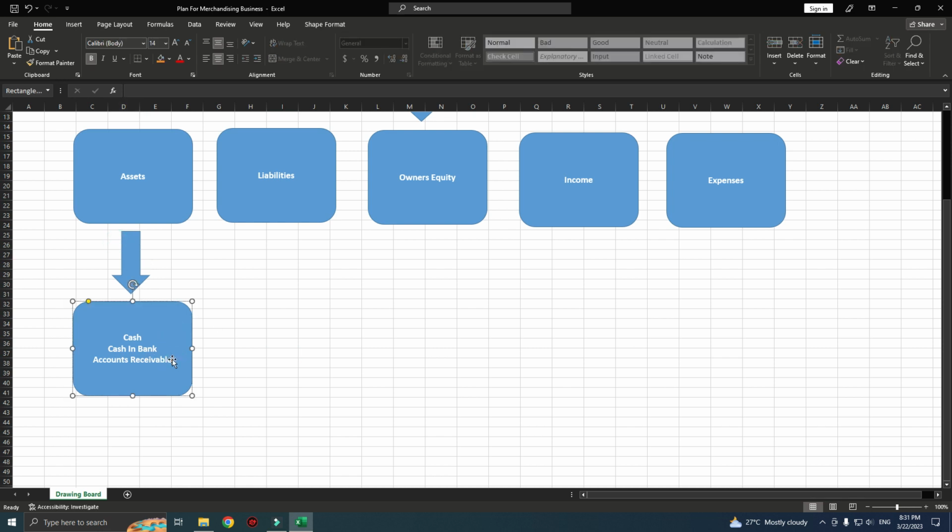We also have equipment, office supplies first, and the contra asset for equipment, accumulated depreciation.